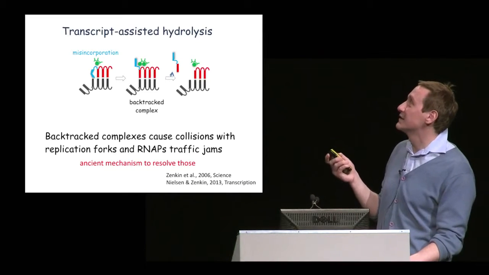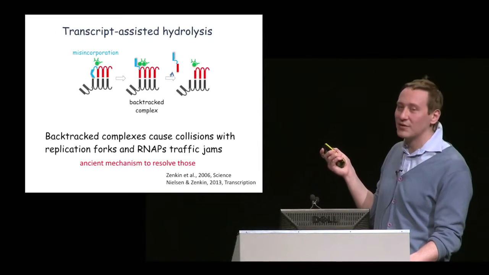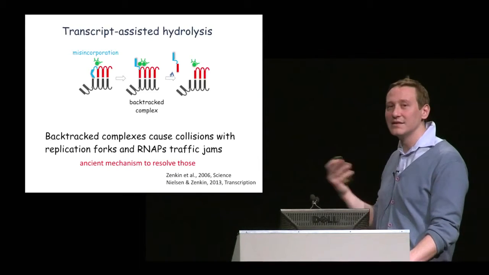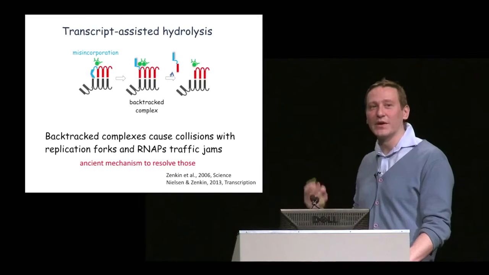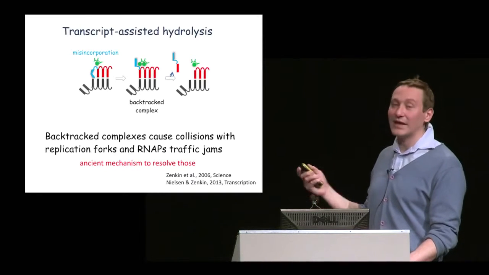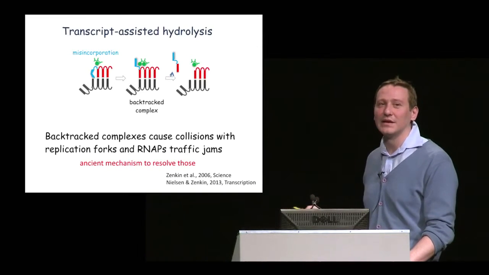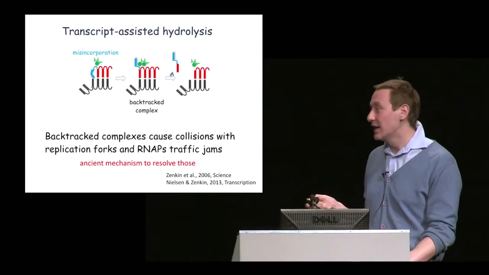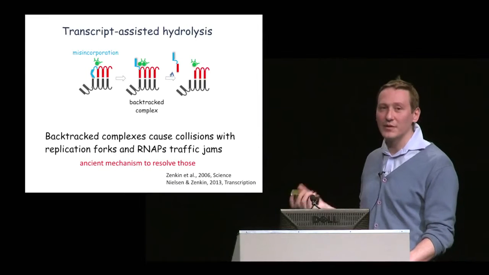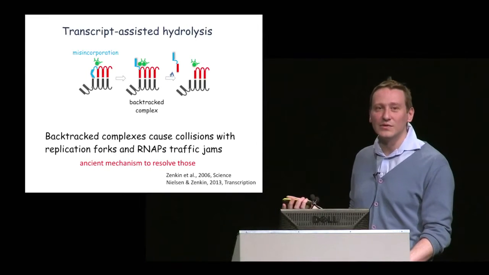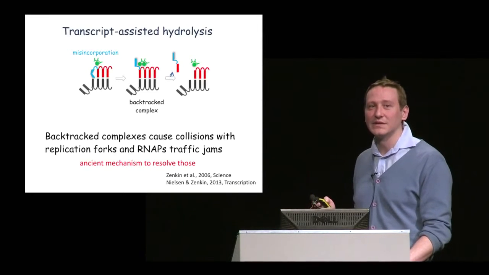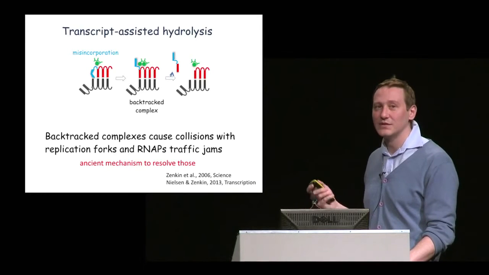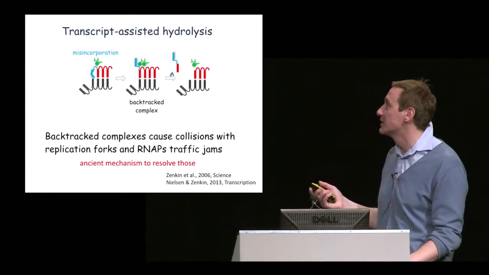So we think that this mechanism, this transcript-assisted hydrolysis, when the RNA assists RNA polymerase to correct itself, is sort of an ancient mechanism that was there to resolve these backtrack complexes. And indeed, we recently showed that RNA polymerase 2 also uses the transcript-assisted hydrolysis to resolve the backtrack complexes.